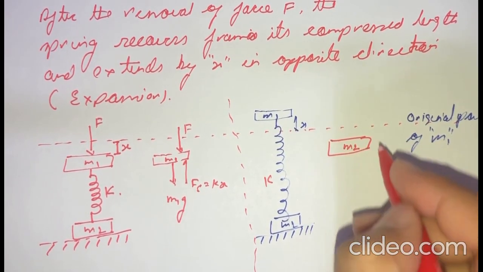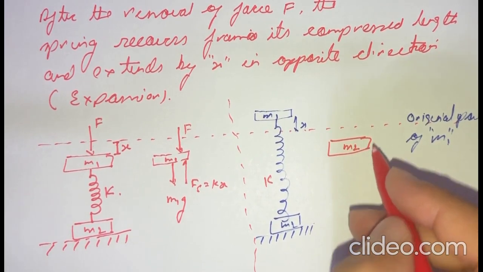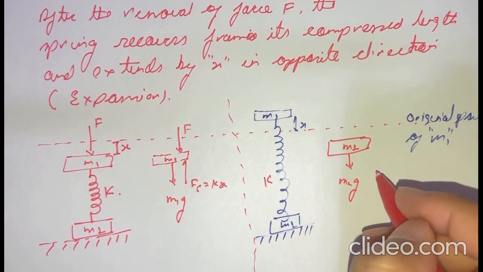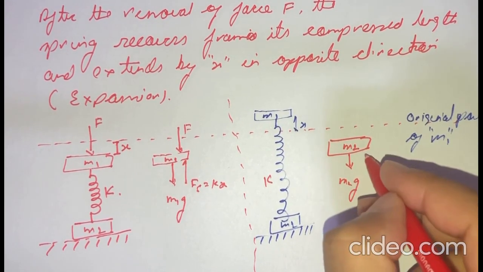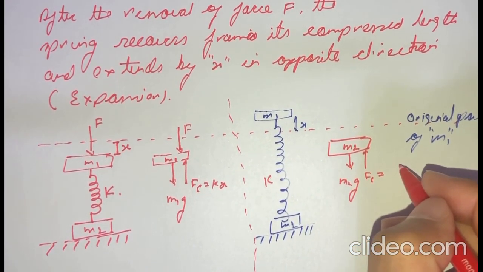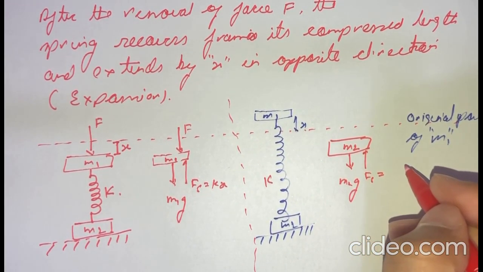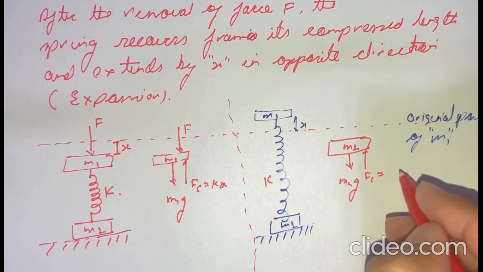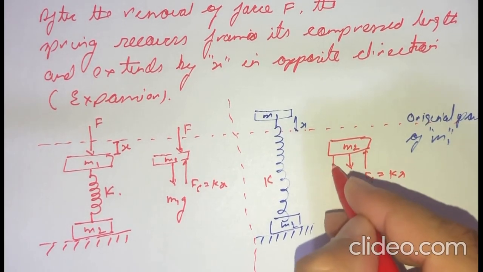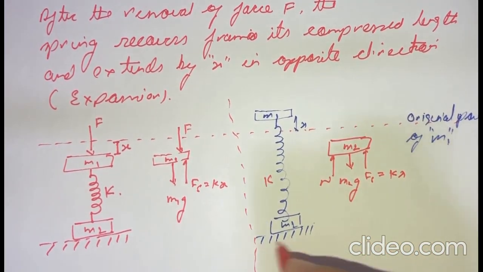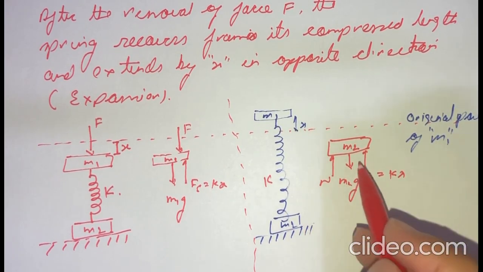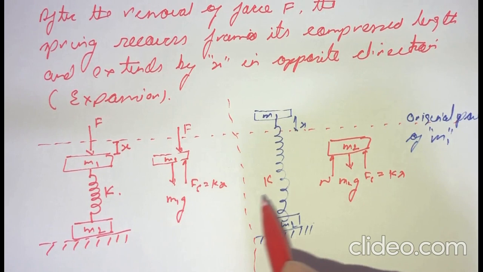For M2 we are going to have M2G in the downward direction, and there will be force Fs in the upward direction, which will be given as Kx, and there will be a normal force because of the table. So this is our free body diagram for M2, and this is the free body diagram for M1.